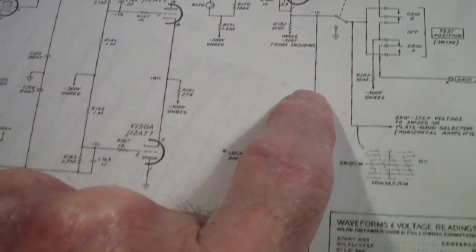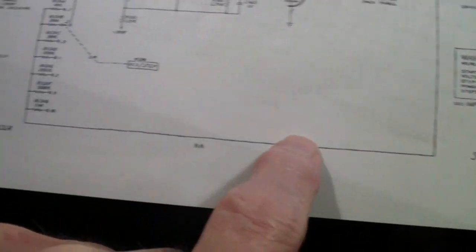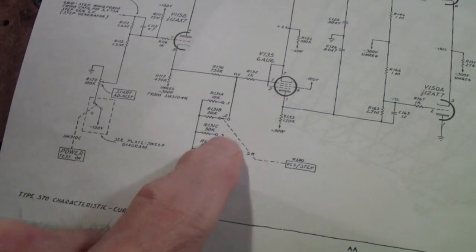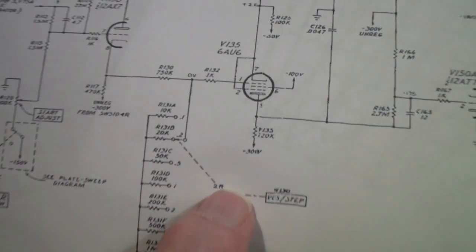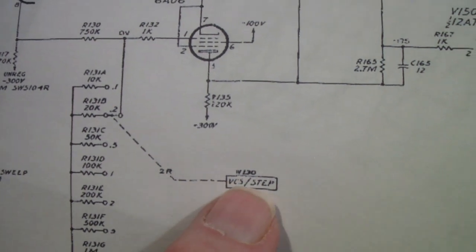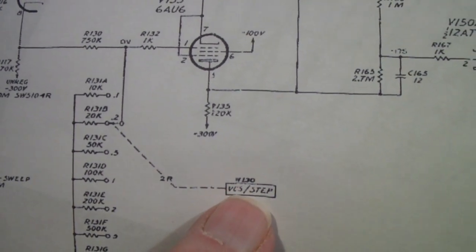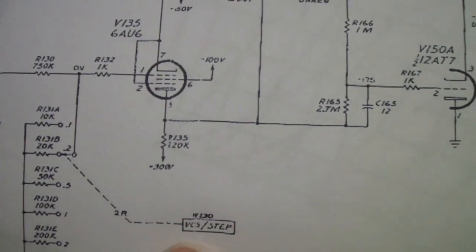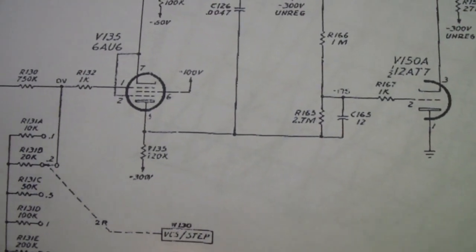You notice this line, which comes down here and goes over through this set of selectable resistors. This is the switch that sets the number of steps per, let's see, the VCS per step.